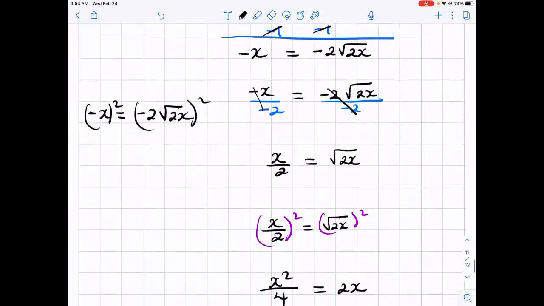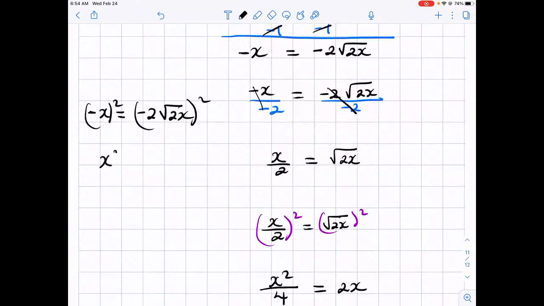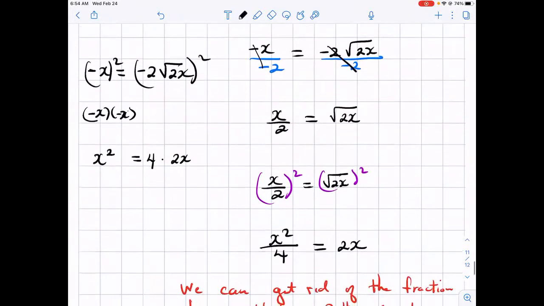So this will become a positive x squared, because minus x times minus x becomes positive x squared. And then on that side, this will become a positive 4 times 2x, which becomes 8x. So you end up with the same answer. So that was something that you could have done.